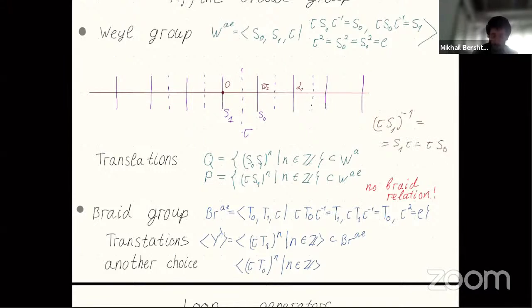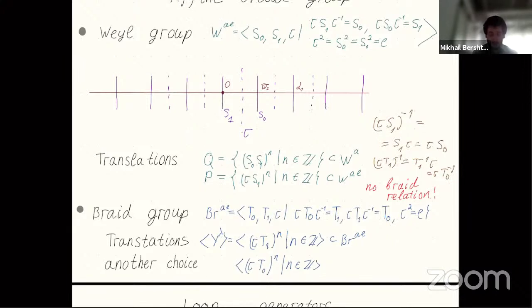But in the braid case, tau T1 inverse is equal to T1 inverse tau, or if you want tau T0 inverse. So we do not have such elements like tau T0. We have tau T0 inverse in our group, but not this one.